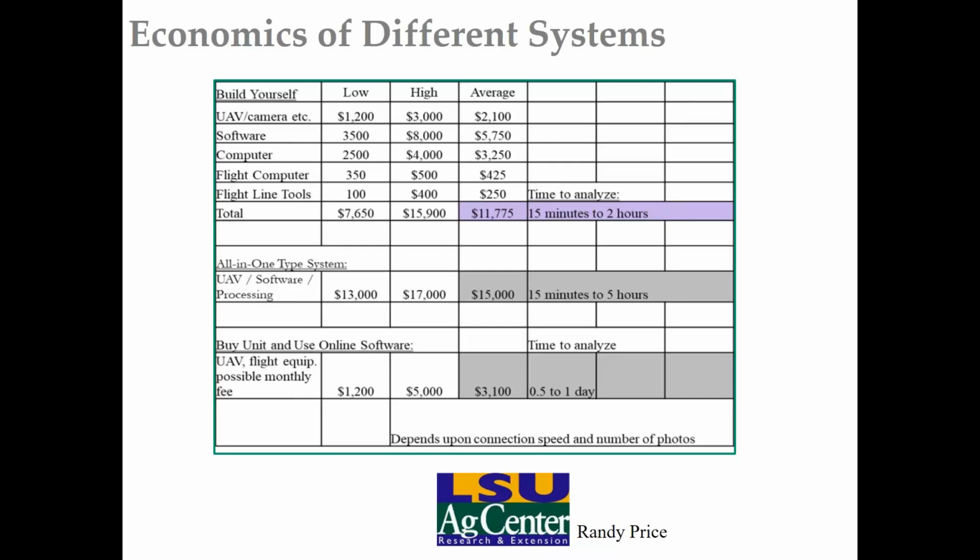Another option is to own the aircraft and the sensor and yet pay an outside vendor to process your images. And a third option is to simply hire an outside firm to provide everything. Which is the best decision for you? And thanks to Randy Price at LSU Ag Center for this very thought-provoking table.